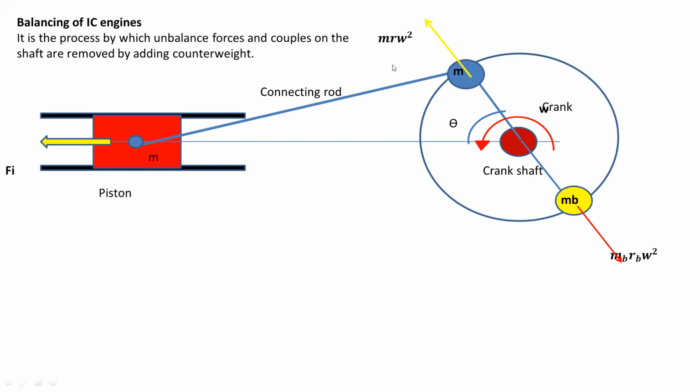We can take the same radius and add the same mass. But if there is not enough space to add this mass at the equal radius, then we can change this radius, and at the same time, we need to change the mass value. So your equation will be mb rb must be equal to m r. This is a simple example for a single cylinder IC engine.